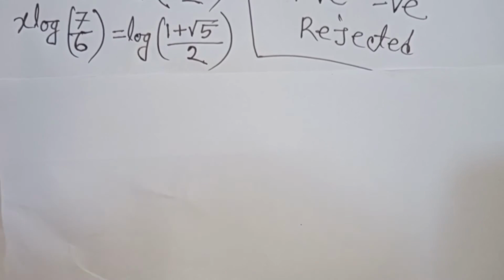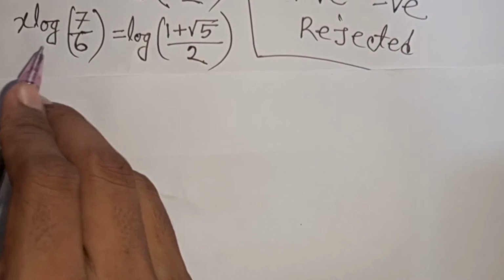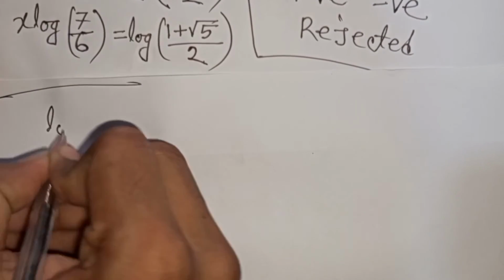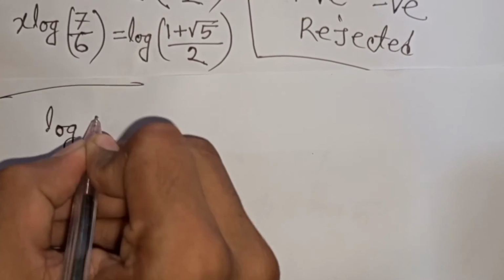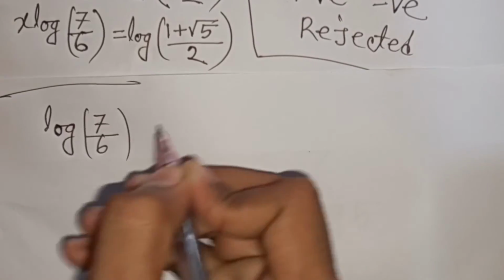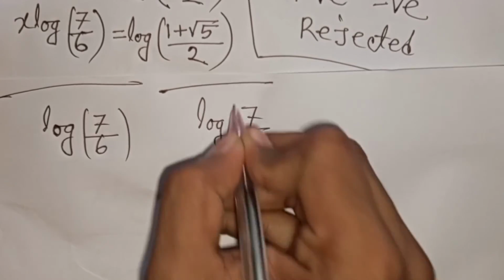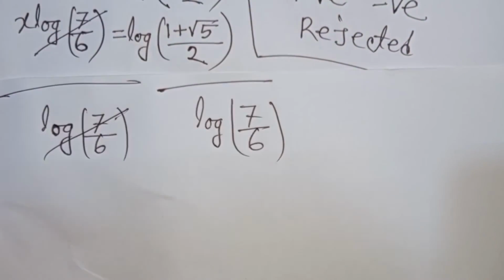Now we need the value of x, so we divide by log of 7 by 6 on both sides, log of 7 by 6 divided by log of 7 by 6. So this will be cancelled.